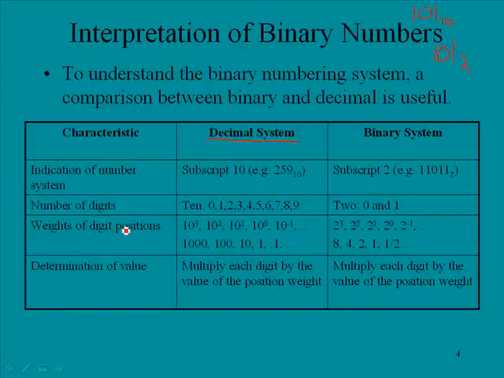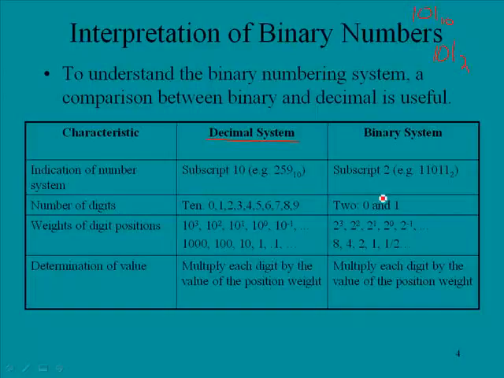Okay, so the weights of the digit positions, and we're going to go over this on the next screen, but just briefly, you notice here that we have a base 10 system, and we raise it to the different powers and we get different values. So 10 to the 0: something to remember is that any number raised to the 0 power is going to be 1. 10 to the first power is 10, 10 squared is 100, 10 to the third is 1,000, and so on.